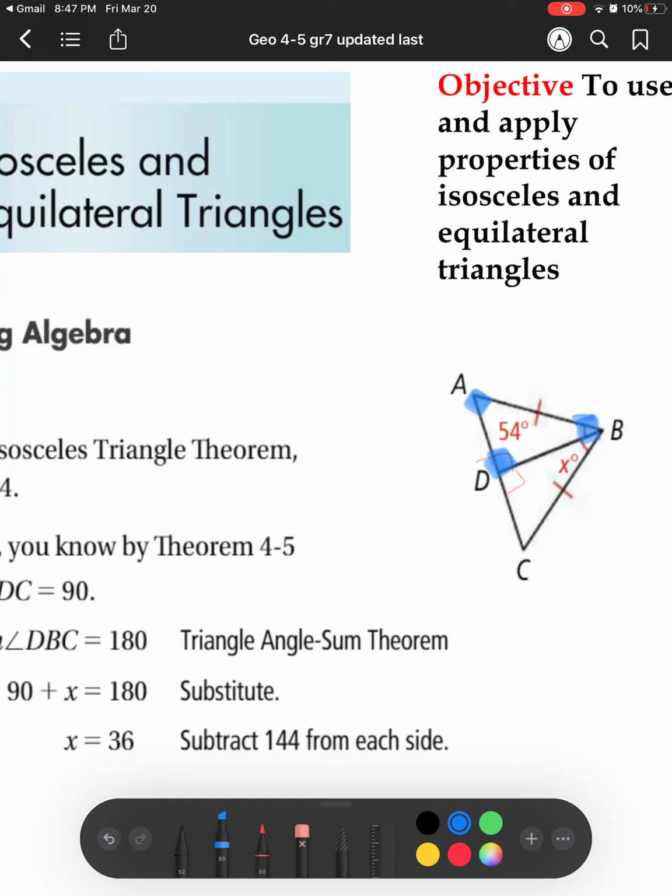Now, if I have that the angle A is 54 and angle ADB is 90, I can say that the first angle, 54, plus 90, plus x, since this is x, so this is another x because they are equal, equals 180, right?